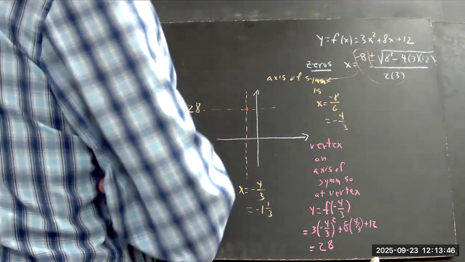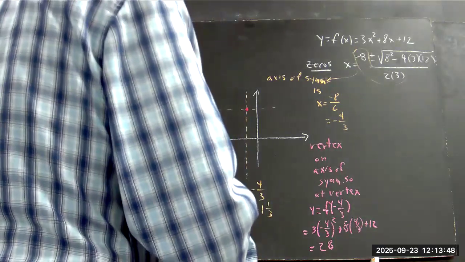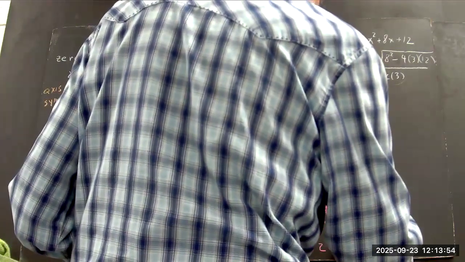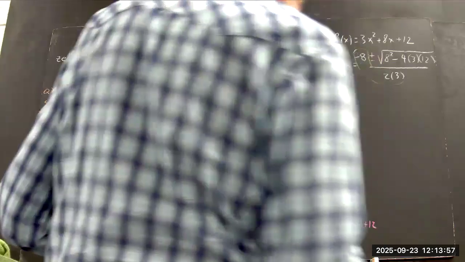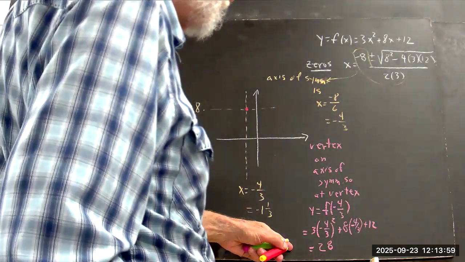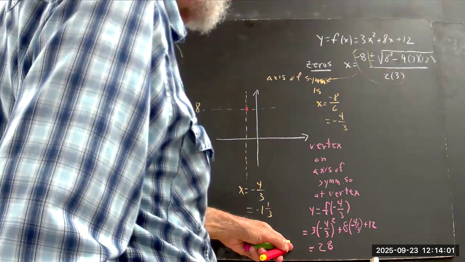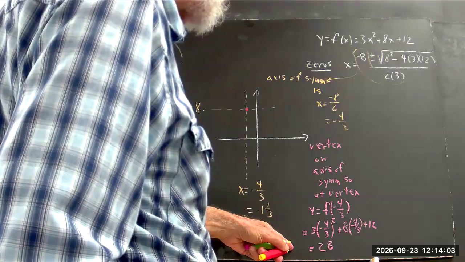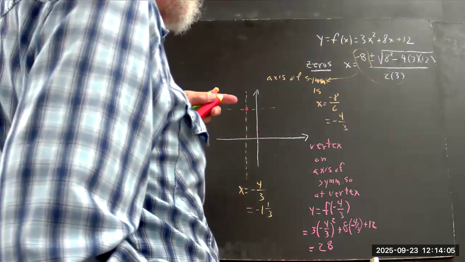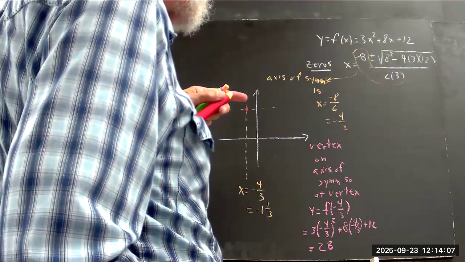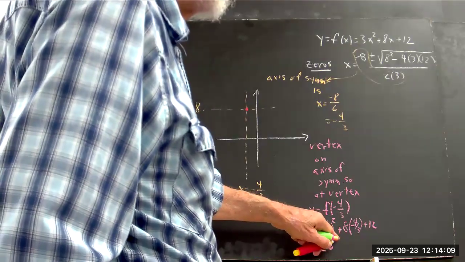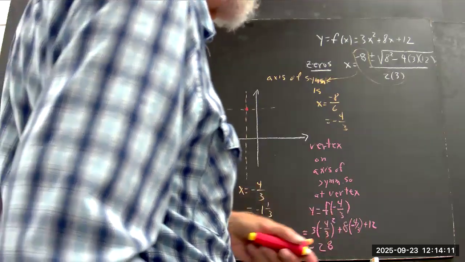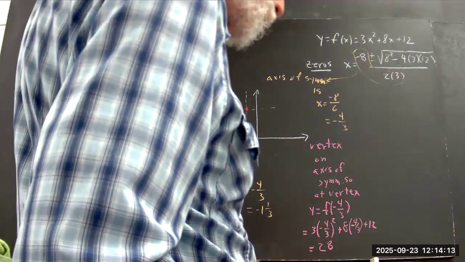Oh, something seriously wrong here. Oh, heck, I messed up. Got to fix that. This is negative 4/3. So this is 16/3 minus 32/3, which is negative 16/3.